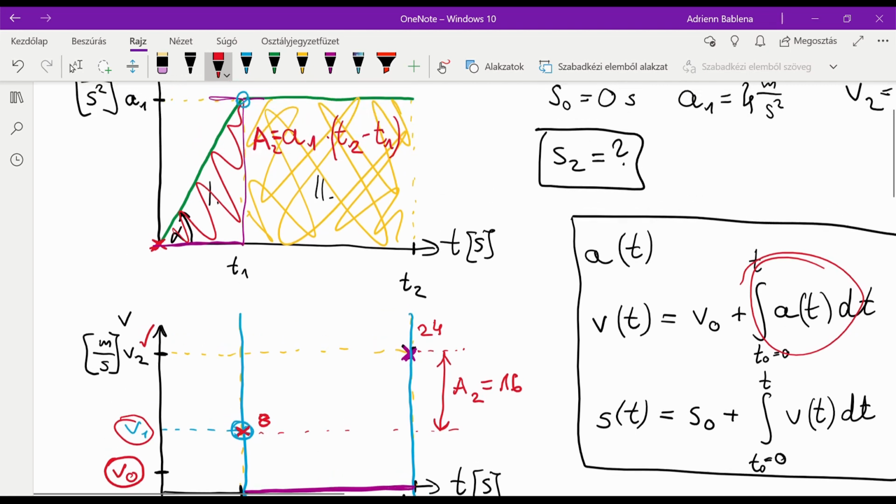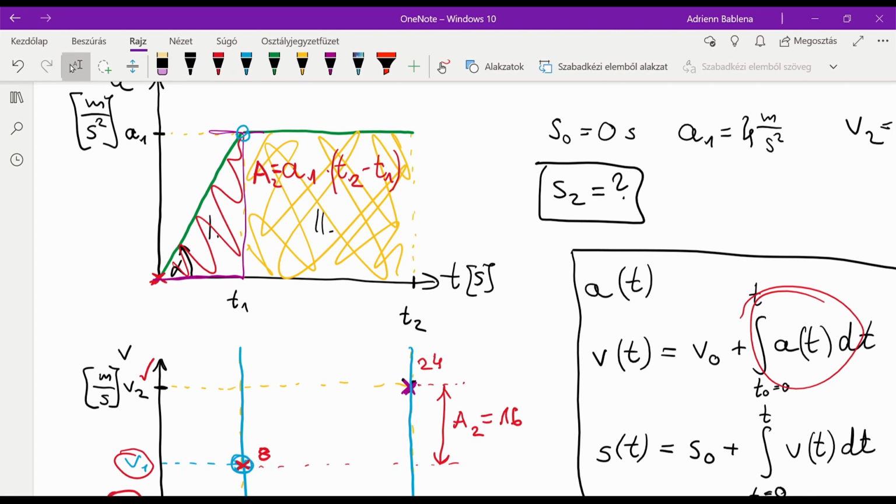First section, the area of the red triangle. Let's write A1, so the area of the red triangle. It's A1 times T1 minus T0, so it's T1 over 2 because it's a triangle.